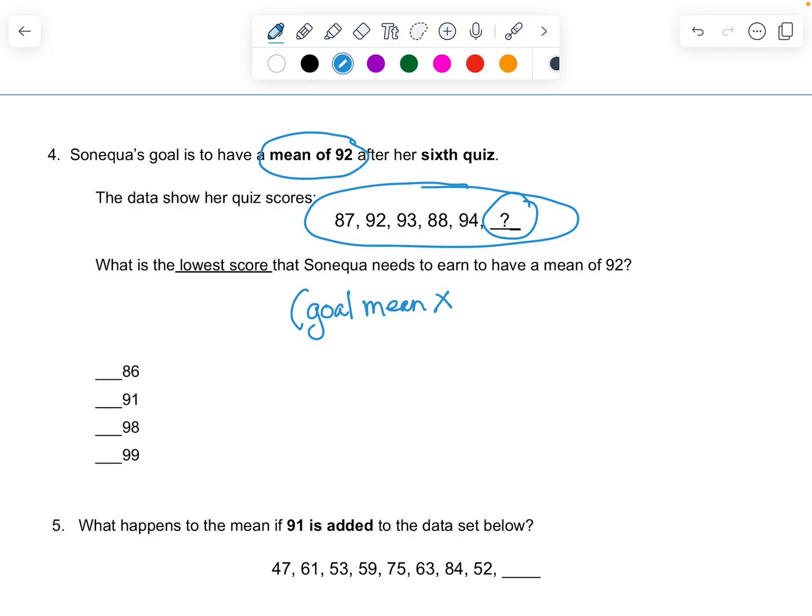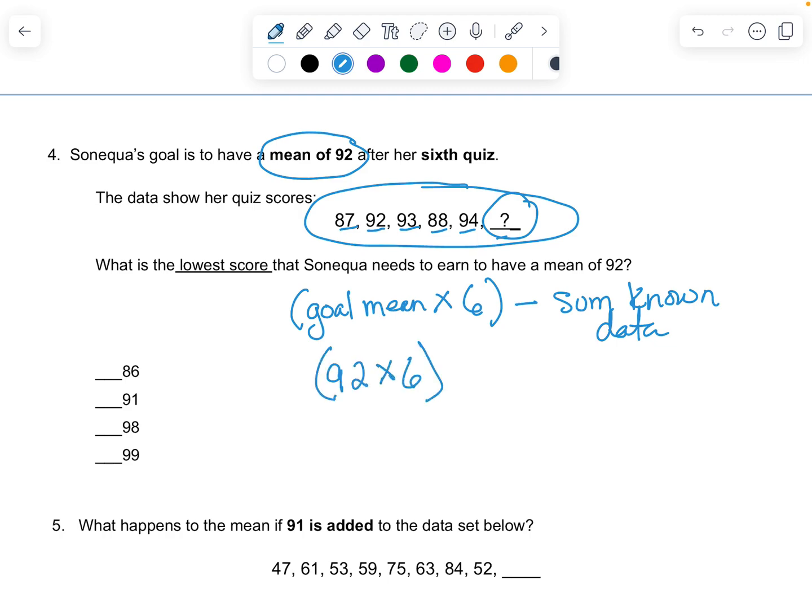So in this case, 1, 2, 3, 4, 5, 6, and then subtract the sum of the known data. So in this case, our goal was a 92. There were 6 total scores, and the sum of my data would have been, adding those together, I didn't take notes on this, let me re-add.